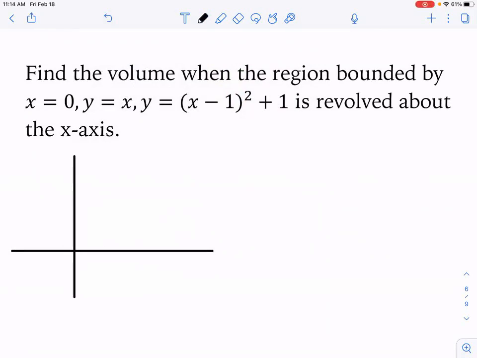What? X minus 1. Am I thinking about this correct?